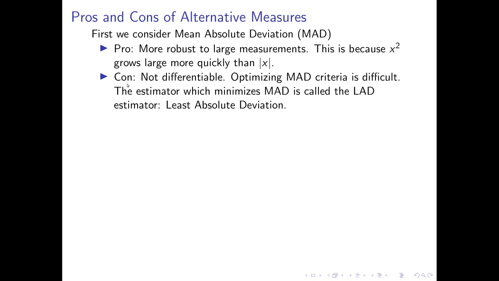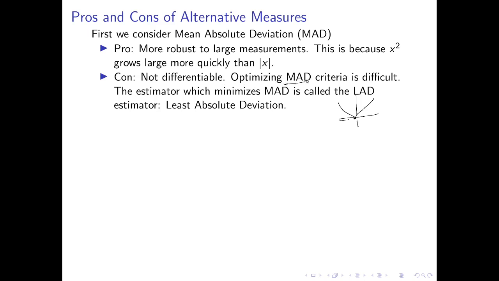So a con here is that the mean absolute deviation is not differentiable, because of this kink of the absolute value function, this kink at 0. And so, let's say you wanted to, similar to the way we've constructed our least squares estimator, have an estimator which minimizes mean absolute deviation.